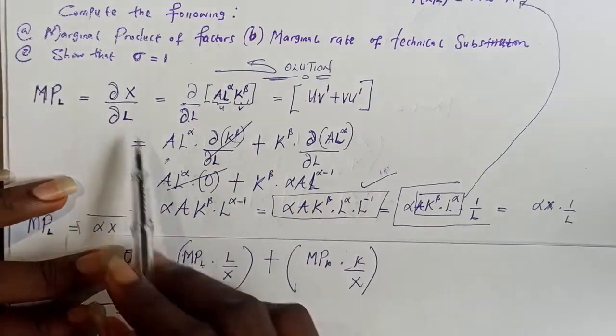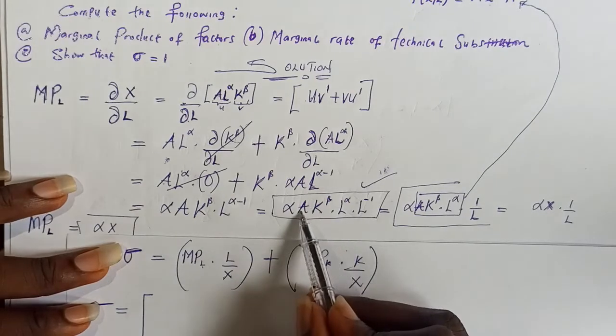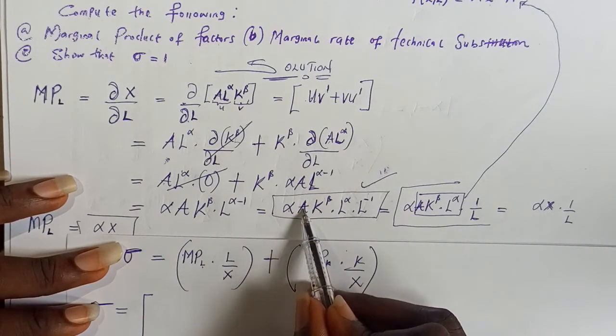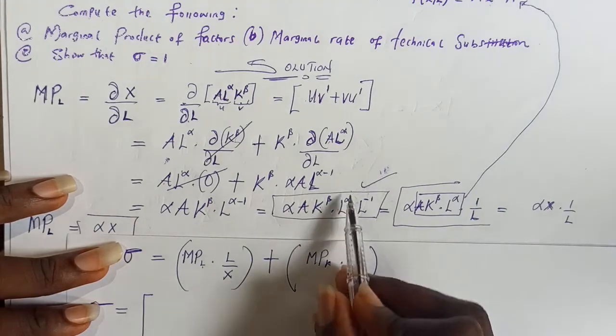In terms of A, K, and beta. So as you can see, for MPL we have this expression here: alpha A K to the power of beta.